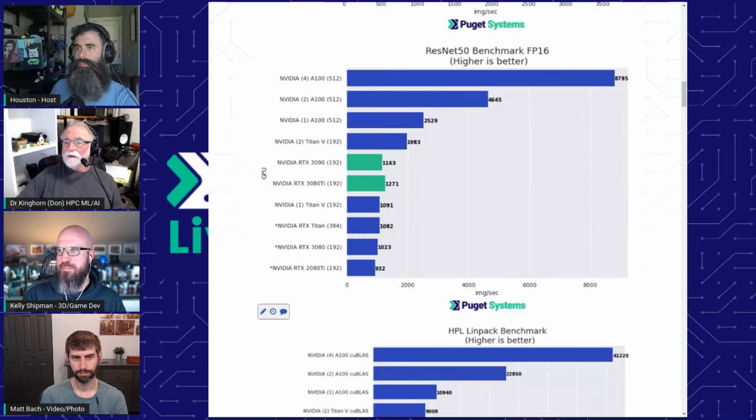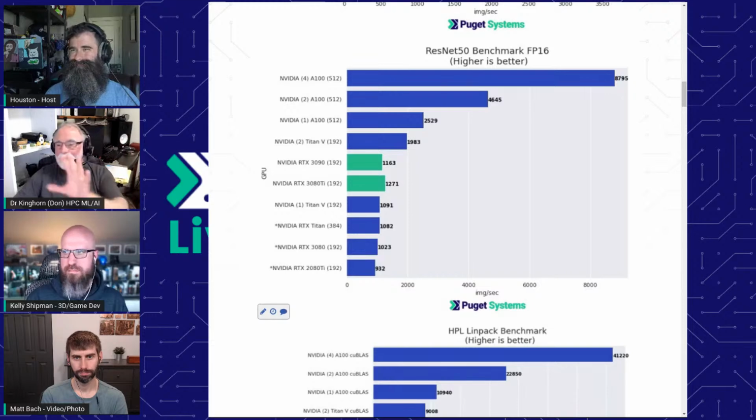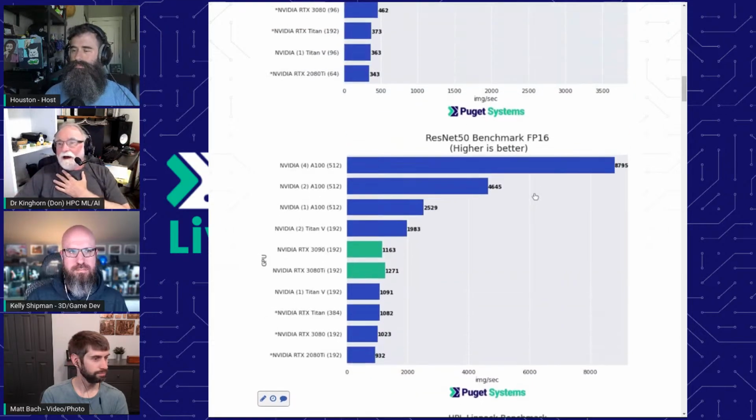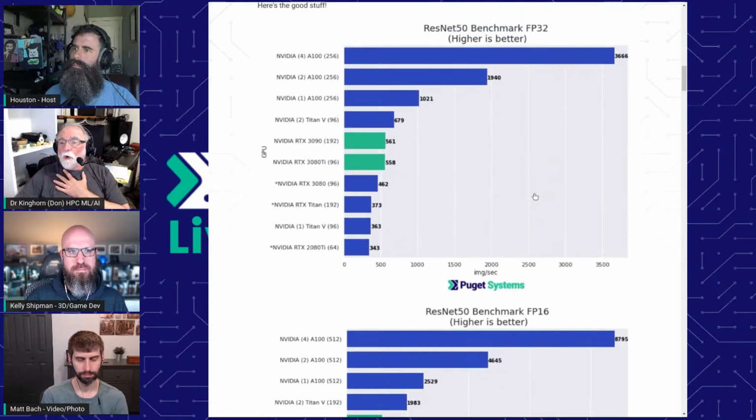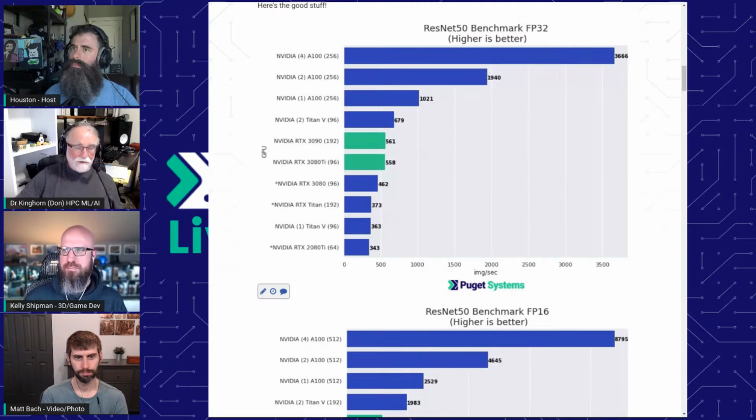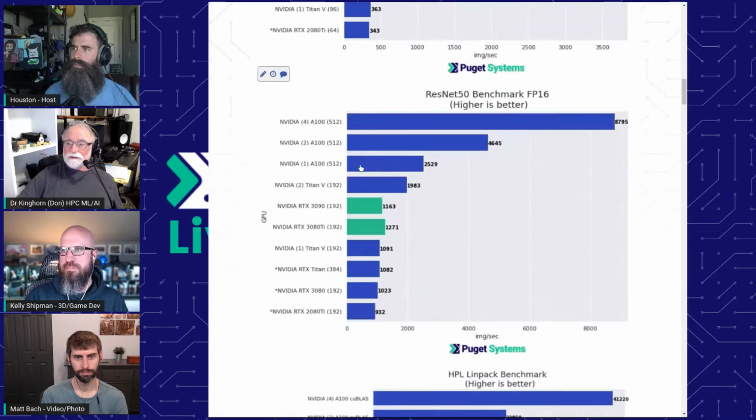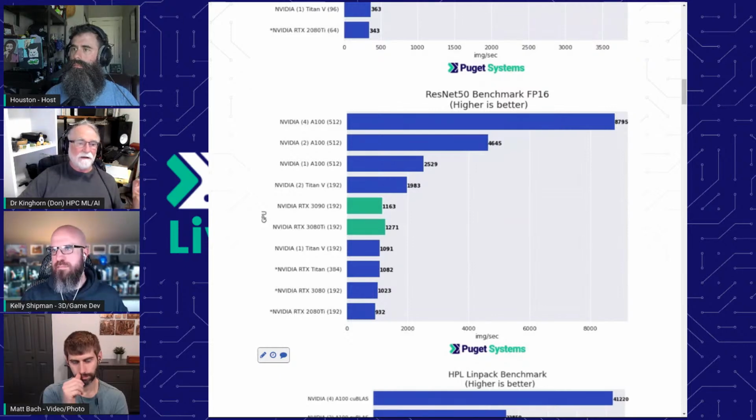This is like 1.2 teraflops. Well, it's not teraflops, it's images per second. But that's more than double what it was in the single precision, the FP32, which makes sense. This is the tensor cores kicking in, and that's a really nice feature in the NVIDIA GPUs.